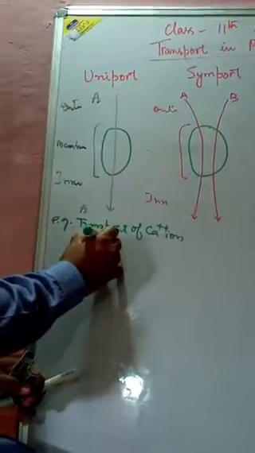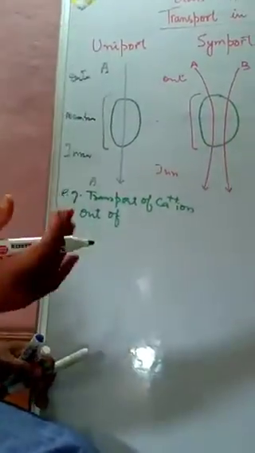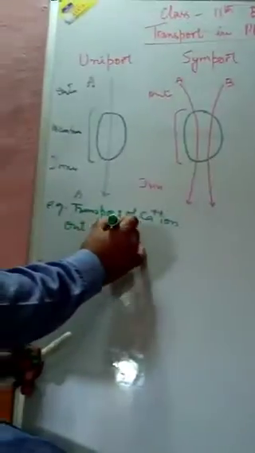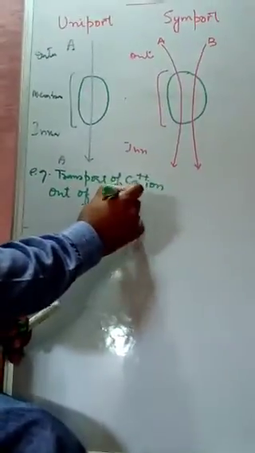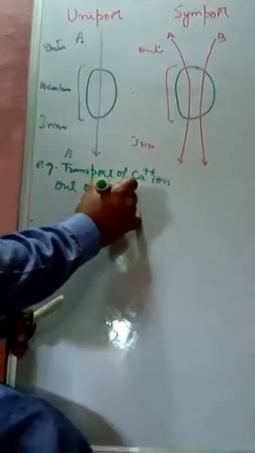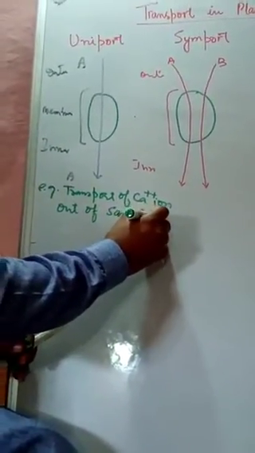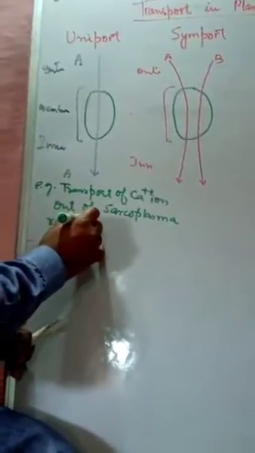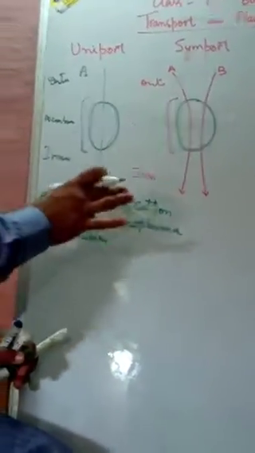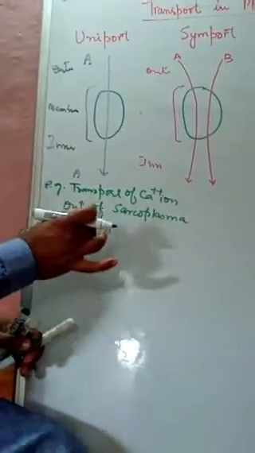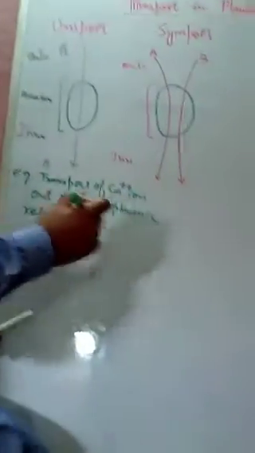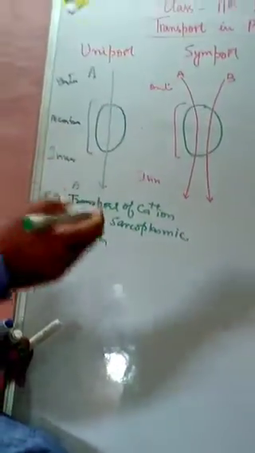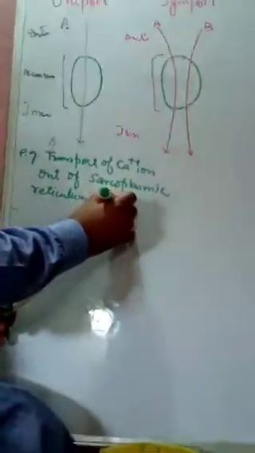These calcium ions are transported out of the sarcoplasmic reticulum in the muscle cell, when the contraction of cells takes place.